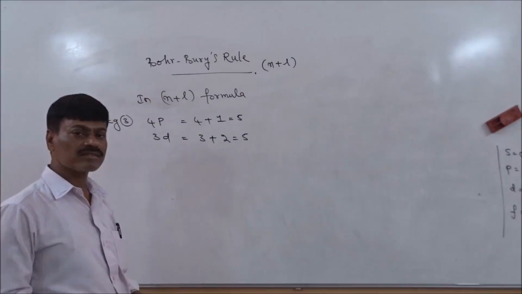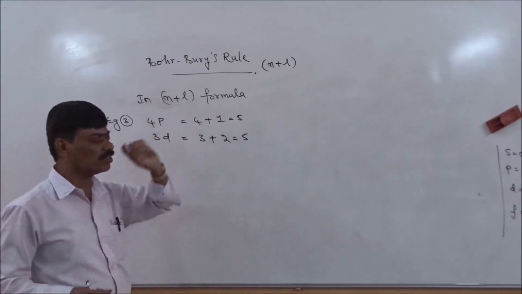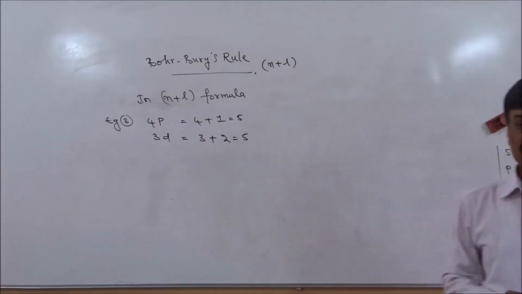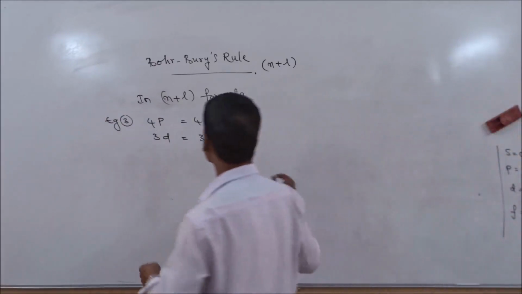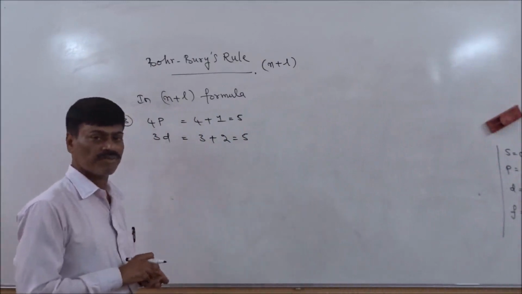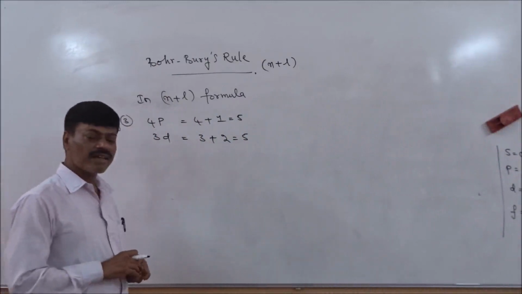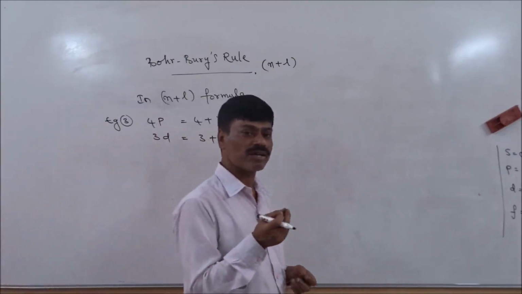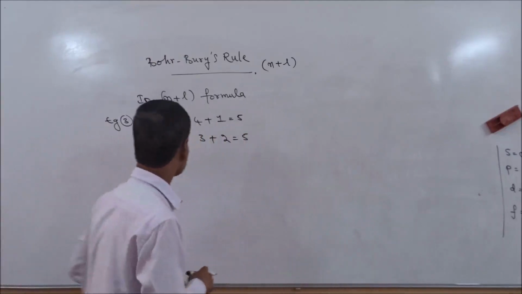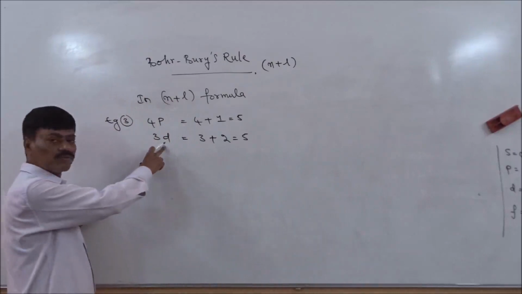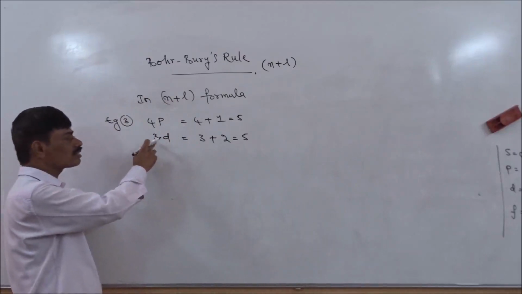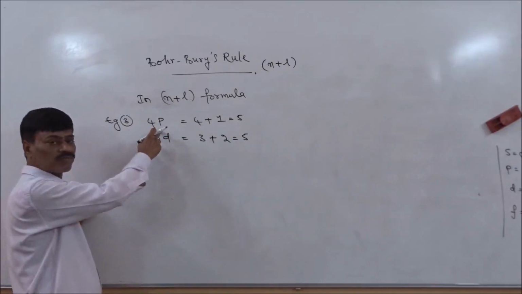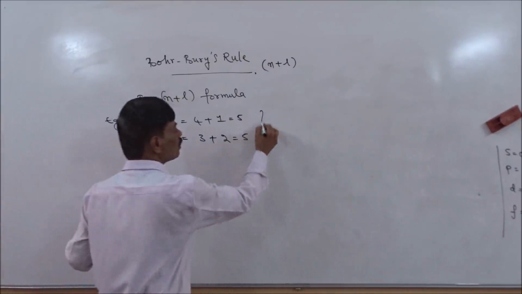Now 4p and 3d both have the same energy values. In that case, into which subshell of the main shell should the electron enter? When energy values are the same, the electron will enter into that subshell whose principal quantum number is less than the other. So the electron will enter into 3d because the principal quantum number of 3d is 3, which is less than the principal quantum number of 4p, which is equal to 4.